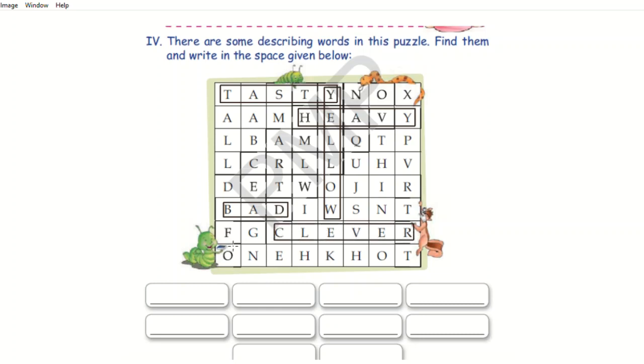In the last row of the grid, there is one and one more word, hot. Let's count how many we have found. 1, 2, 3, 4, 5, 6, 7. We need to look for 3 more. Let's see.